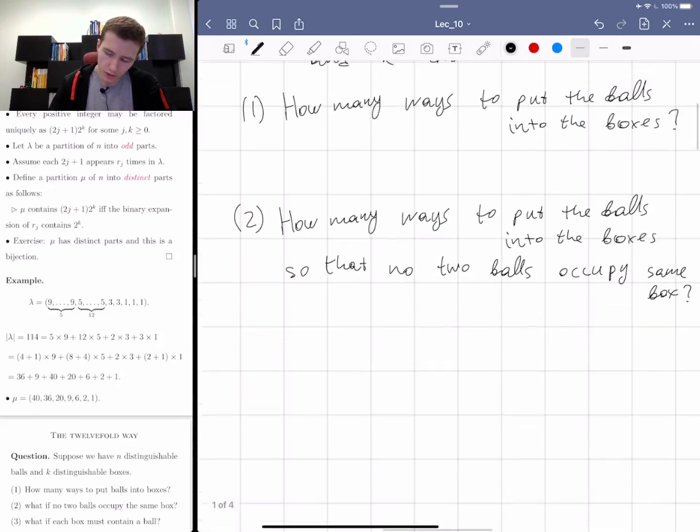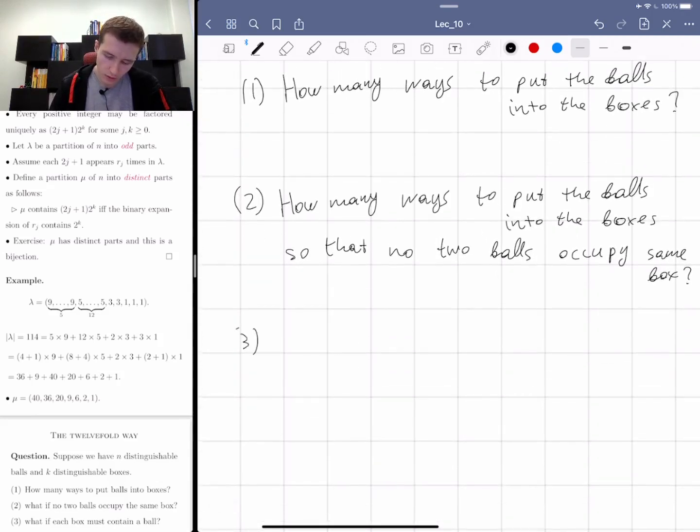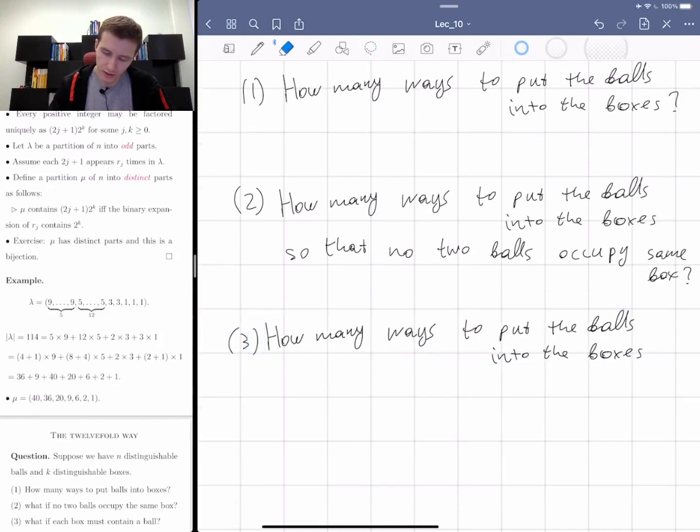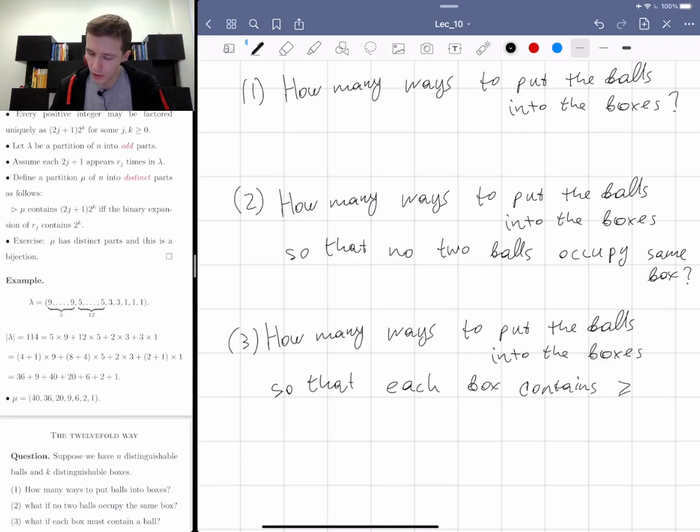And the third one is the same as the first one, except that each box contains at least 1 ball.